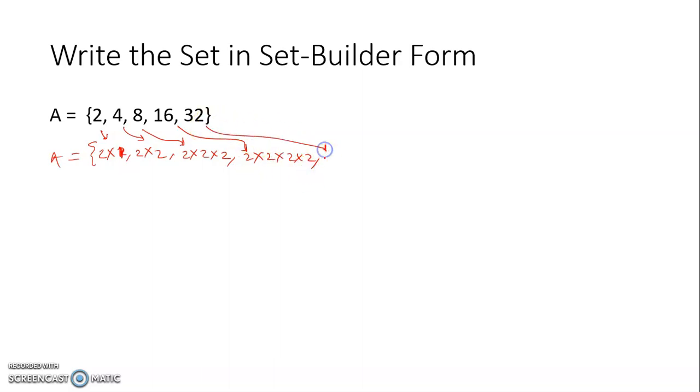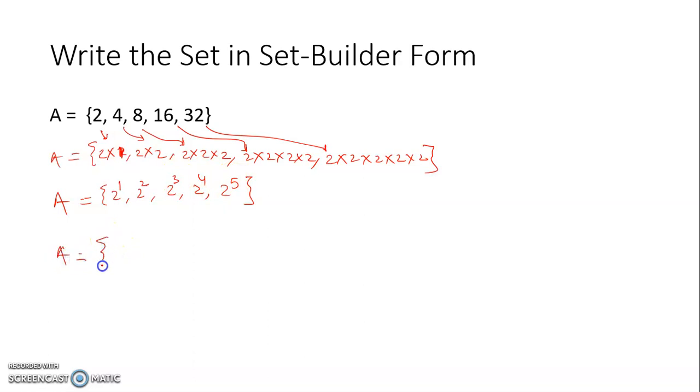And 32 can be written 2, 2, 2, 2, and 2. So what is it? It is simply 2 raised to the power 1, 2 raised to the power 2, 2 raised to the power 3, 2 raised to the power 4, and 2 raised to the power 5. That's how the movement is happening: 1, 2, 3, 4, 5. So this is a movement with respect to natural number.